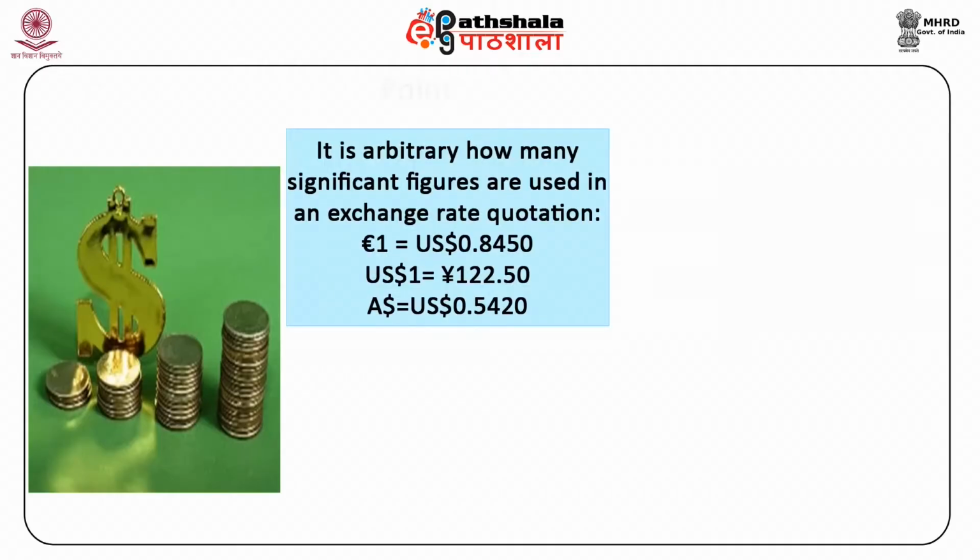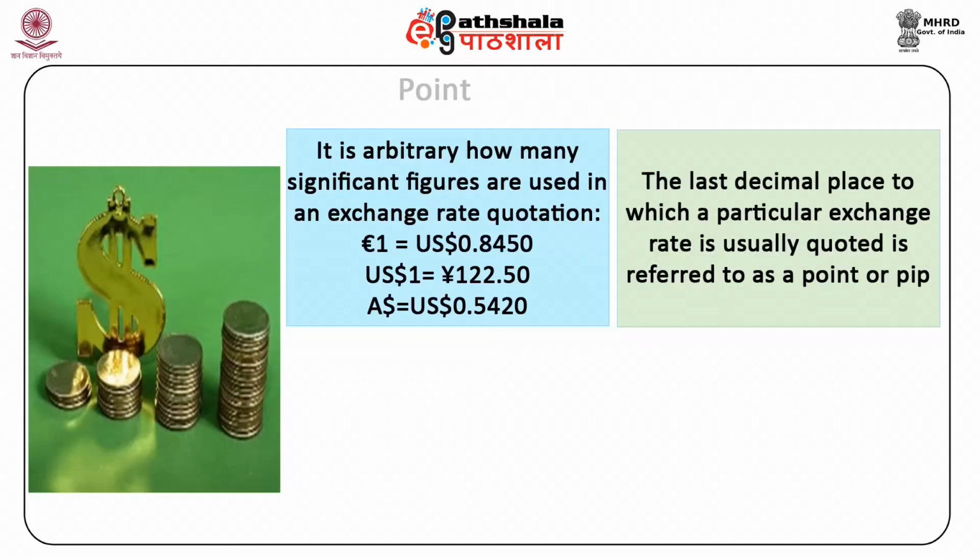Fourth one is point. It is arbitrary how many significant figures are used in an exchange rate quotation. 1 euro is equal to 0.8450 US dollar, and 1 US dollar is equal to 122.50 yen. 1 Australian dollar is equal to 0.5420 US dollar. The last decimal place to which a particular exchange rate is usually quoted is referred to as a point or pip.